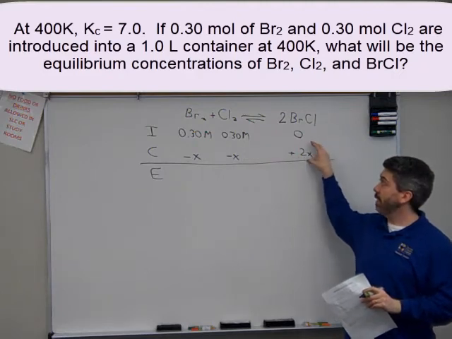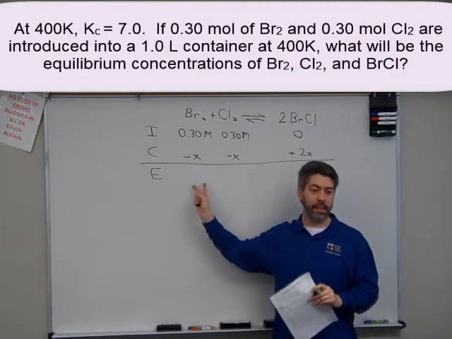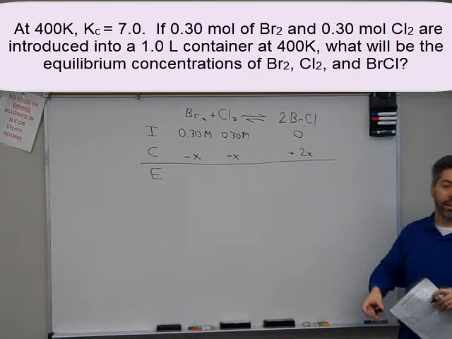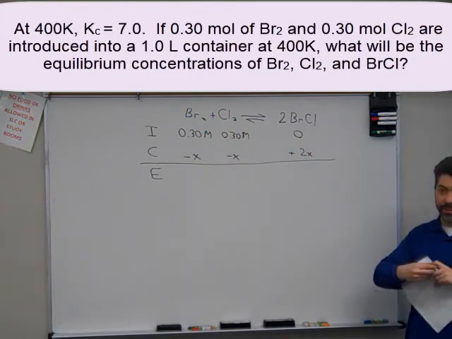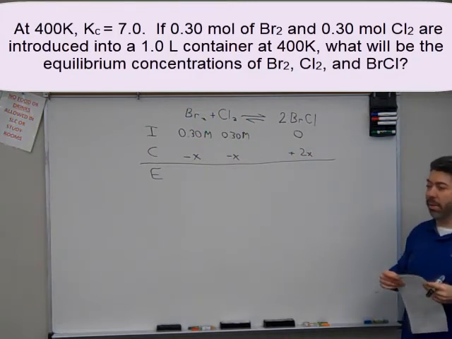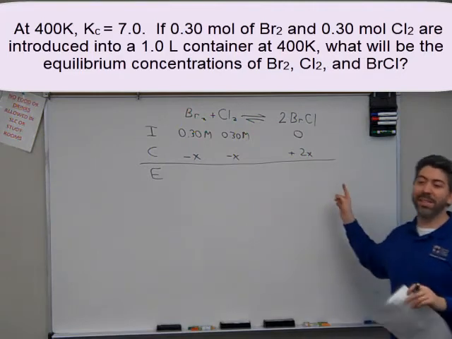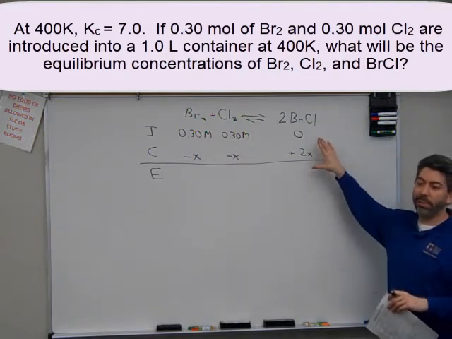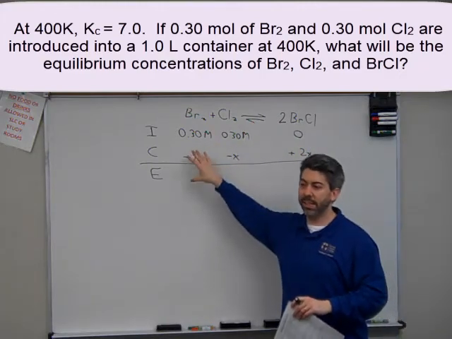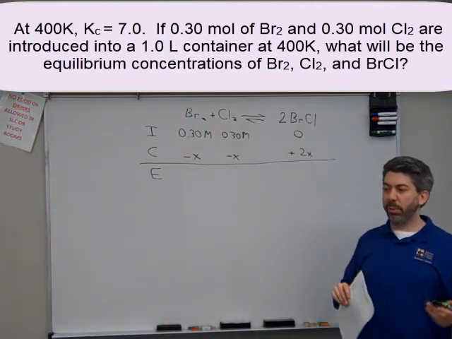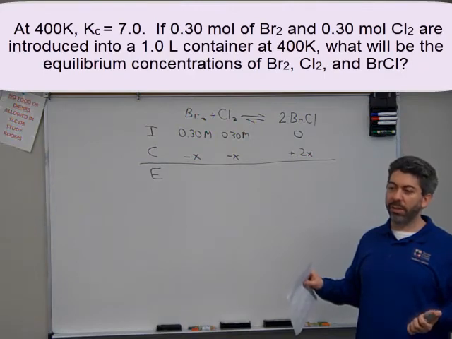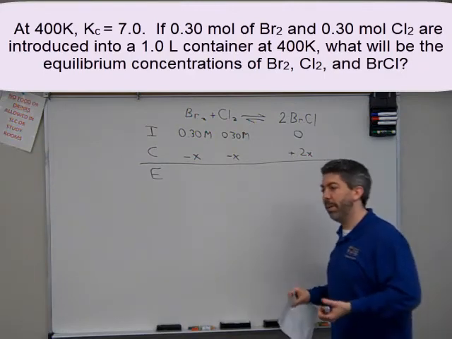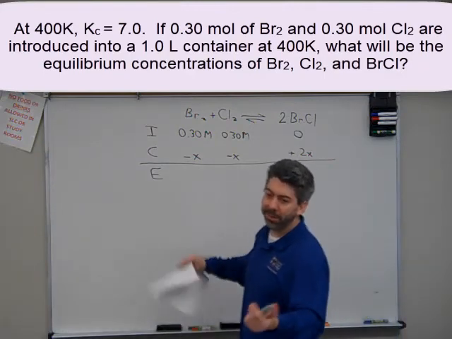So if this increases, these necessarily have to decrease. In a reaction, one side always increases, the other side always decreases. For products to form, they have to be formed from reactants. You can't build a table without any wood, right? I guess you could build it out of metal, but you know what I'm saying.